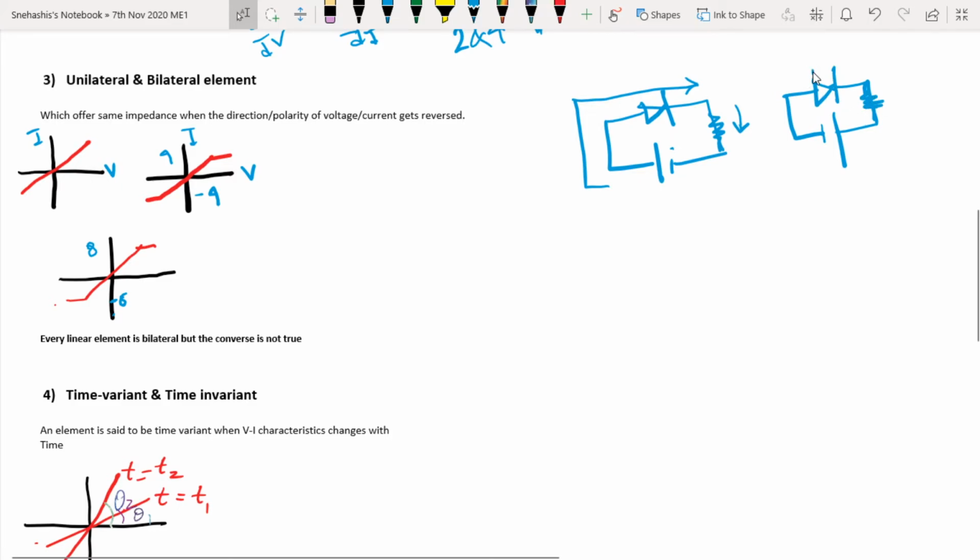So due to the diode, the rest of the circuit, that means here in this case resistor only, it may be any kind of load. So due to the presence of this diode, here you can see low resistance, low R, here you can see high R.